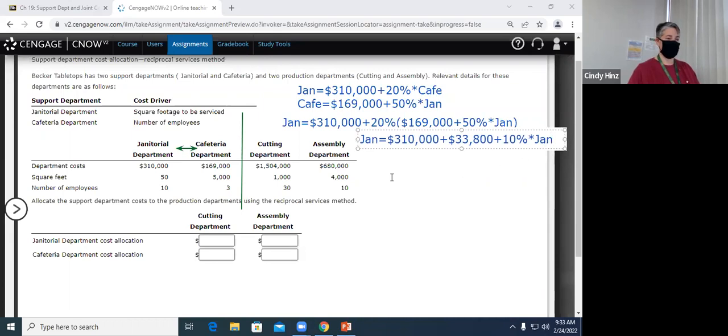Obviously, Jan is a much more common abbreviation for January than janitorial. Going to combine like terms. So if I subtract 10% of janitorial from both sides, we end up with 90% of janitorial, and then 310 plus 33.8 is 343.8.